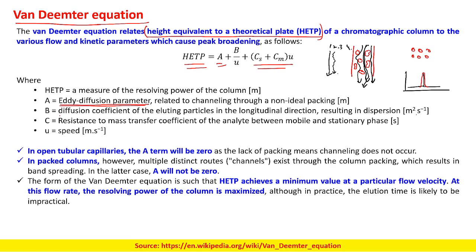Second thing, diffusion coefficient of the eluting particles in the longitudinal direction, resulting in dispersion. Okay. So to make you understand this, I will draw this column in the longitudinal way. Okay, it will be better for you to understand.